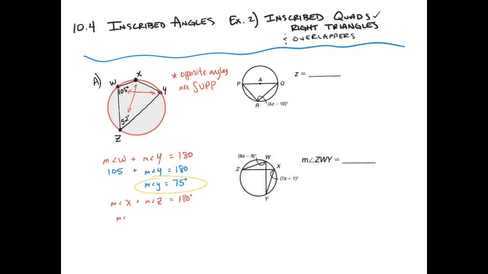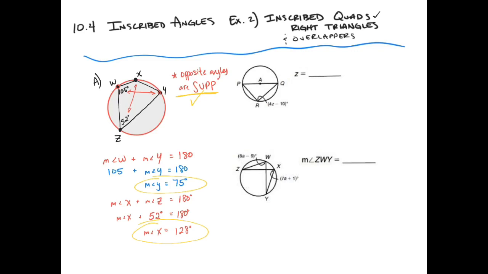I don't know the measure of angle X, but I do know that angle Z is 52 degrees. So I can subtract and find that angle X is 180 minus 52, which is 128 degrees. So that's one thing we can do. With these inscribed angles, we can use them inside of quadrilaterals, and there's that handy dandy property that the opposite angles are supplementary. Cool.